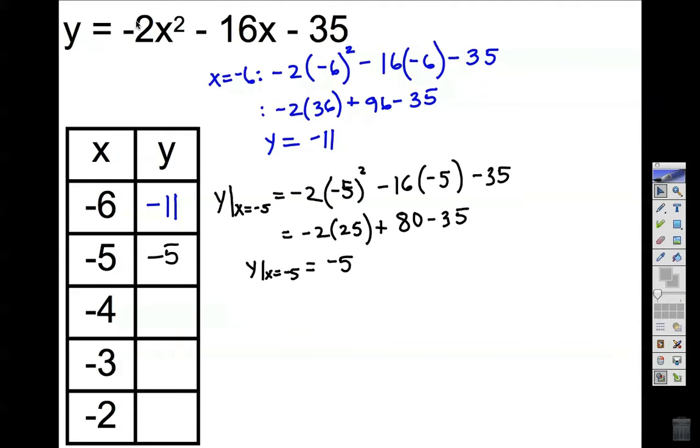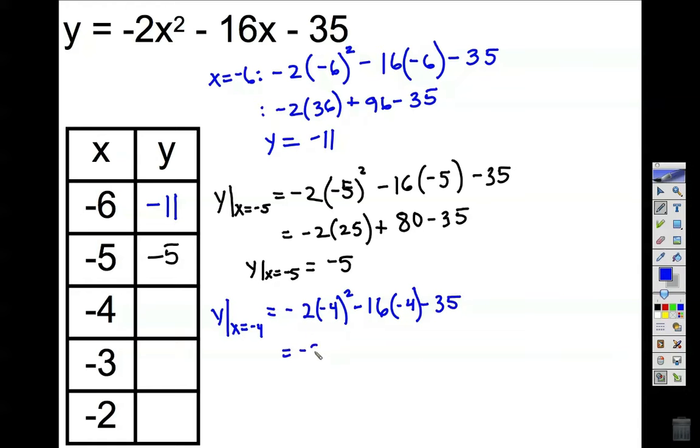Let's see what we get when x equals -4. That is equal to -2 times -4 squared minus 16 times -4 minus 35.